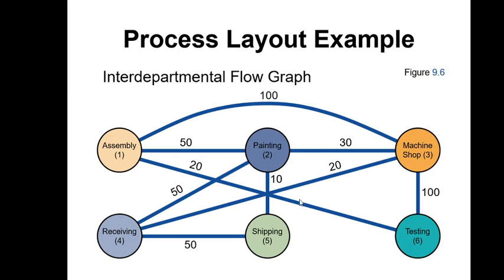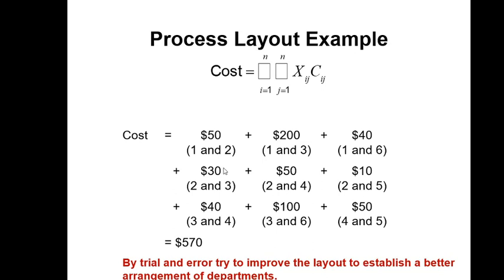And we can see it here now: 30 by 1 from department 2 to department 3, the cost is $30. Here the cost is $50. From department 2 to department 5, we have to move 10 loads, 10 multiplied by $1 is $10.